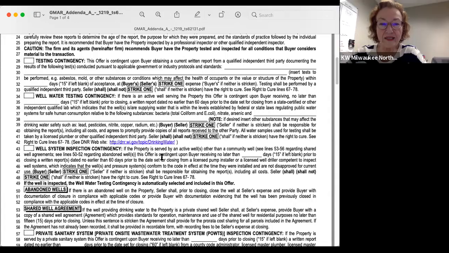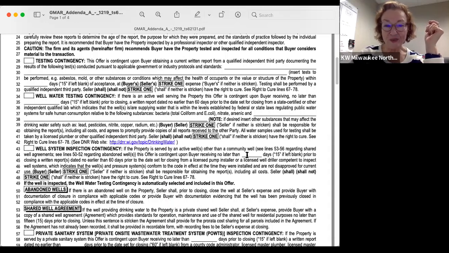So this offer is contingent upon the buyer receiving no later than 15 days prior to the closing a written report no later than 60 days. So again, it has to be within 60 days before the closing, and 15 days prior to closing the buyer has to receive this.